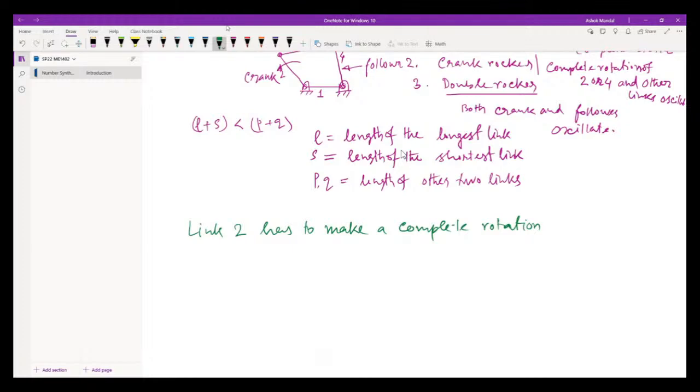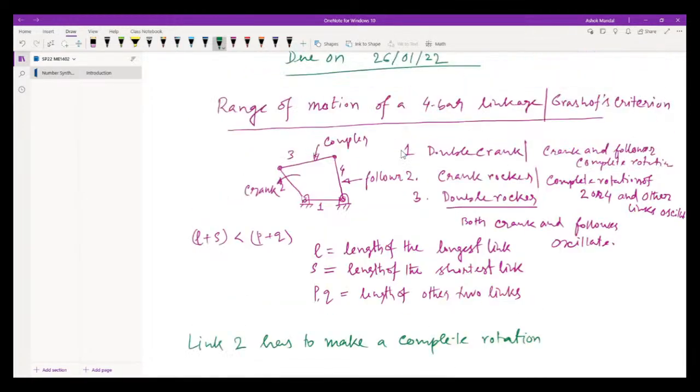Now look at this picture. So link 2 is here. If it has to make a complete rotation, then it has to at least cross two very extreme positions. One of the extreme positions is when 2 comes to this position, and 1 and 2 are on the same line. At that point of time, maybe 3 is like this and 4 is like this.